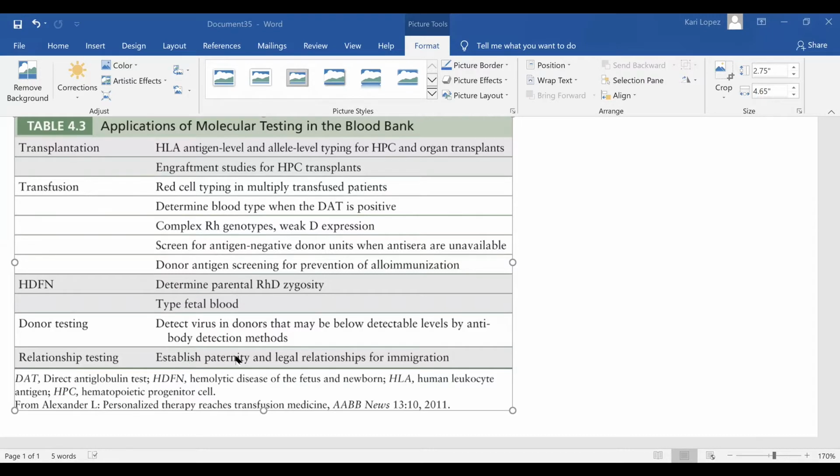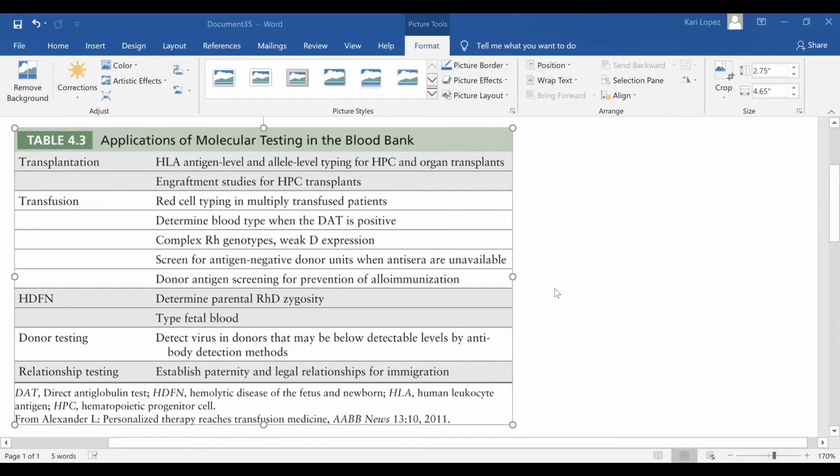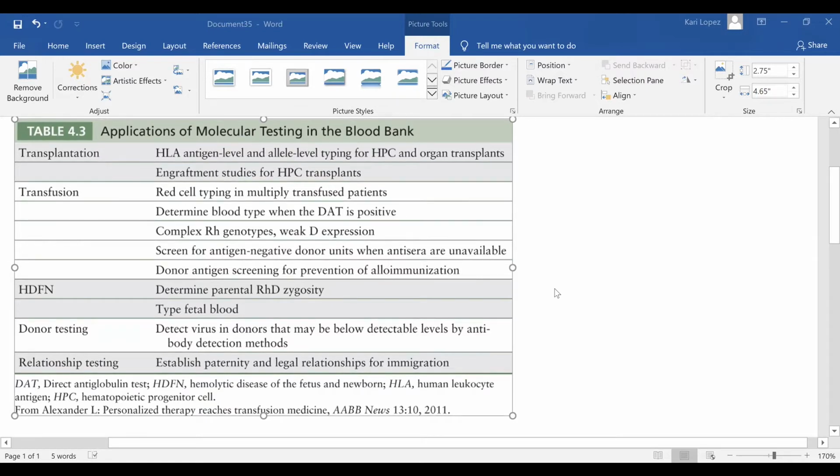And then relationship testing to establish paternity and legal relationships for immigration. So ensuring that someone who has brought a child across the border is indeed the relationship that they say they are to them. That helps prevent people from stealing kids or purchasing kids or any such form to get across.